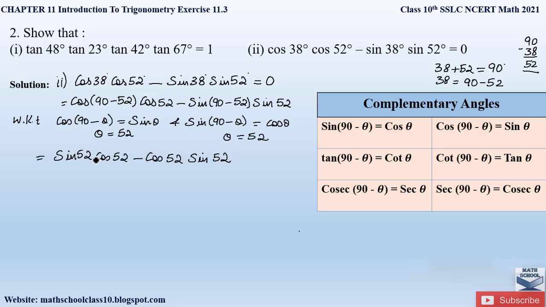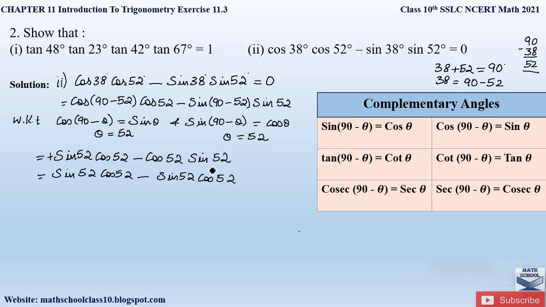Here you can observe that we have plus sin 52 into cos 52 and minus cos 52 into sin 52. So here we have plus and minus sign, so we can cancel out each other. If you are not understanding, let me rearrange and write it down. Let us write the sine term first: sin 52 into cos 52, that is plus sin 52 into cos 52 minus sin 52 into cos 52.